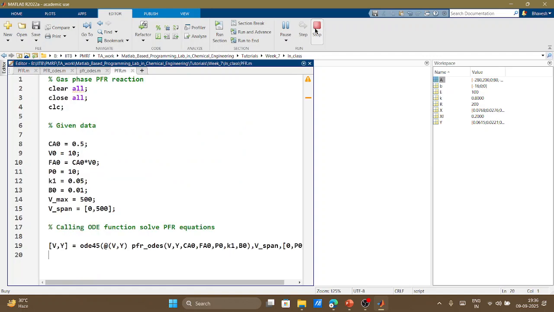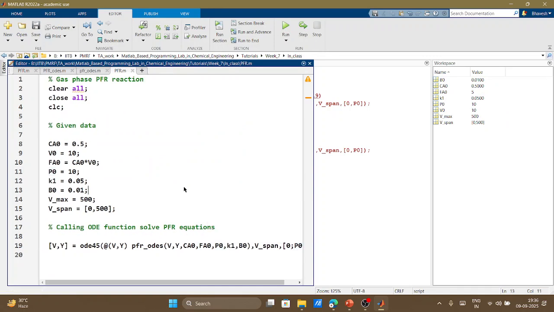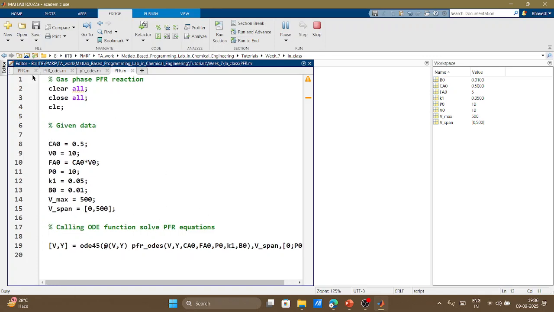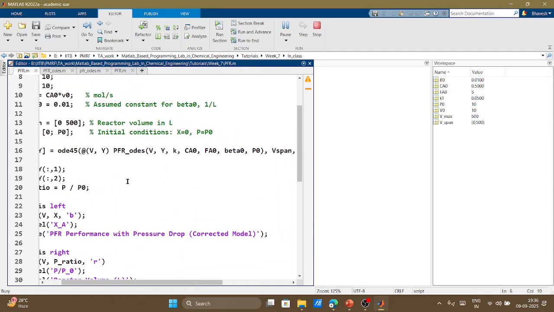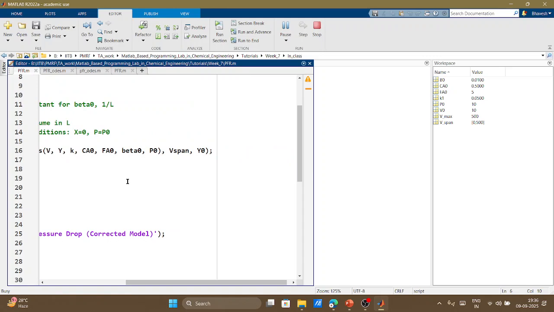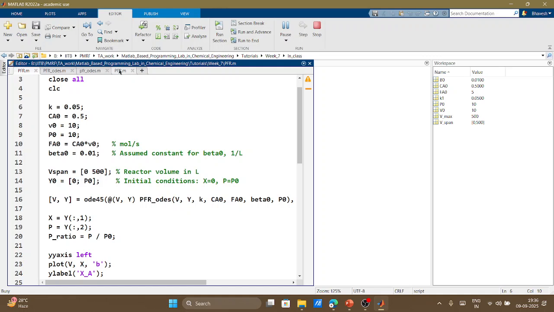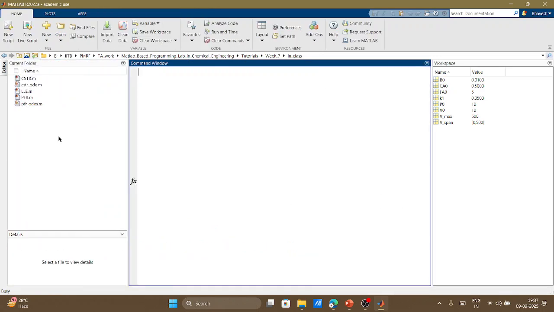Oh, yeah, sorry, one mistake I made here. This is a column vector. I keep forgetting it. Yes. So this one is column vector, ODE45 V, Y. It's still running.